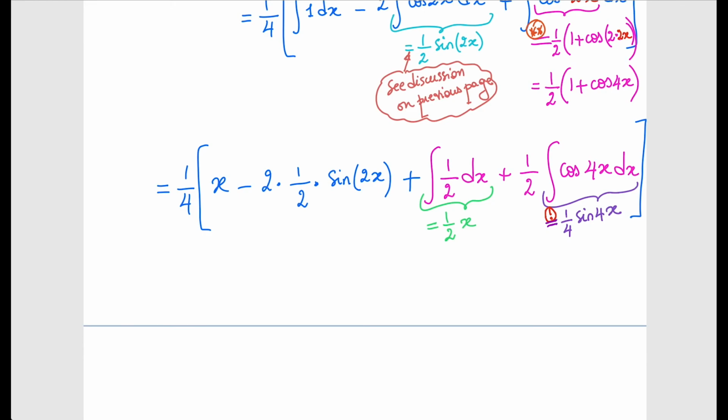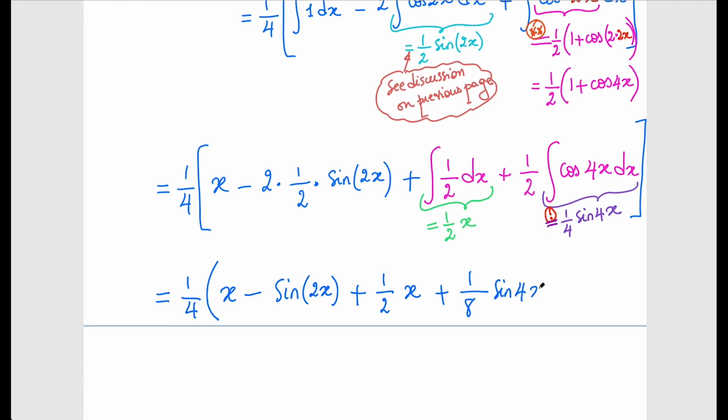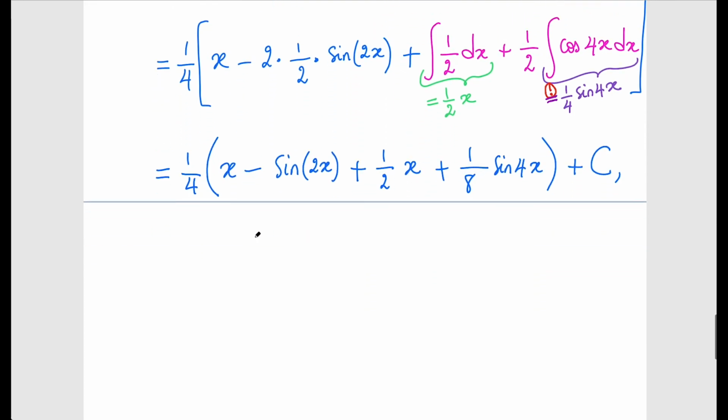Alright, therefore this is equal to 1/4 times x minus 2 divided by, so 2 times 1/2 is 1, so sine of 2x, plus half x plus 1/2 times this integral, which has its own multiplicative constant 1/4. So 1/2 times 1/4 is 1/8, sine of 4x. And as I promised, now I'm going to add that arbitrary real number c, the constant of integration.